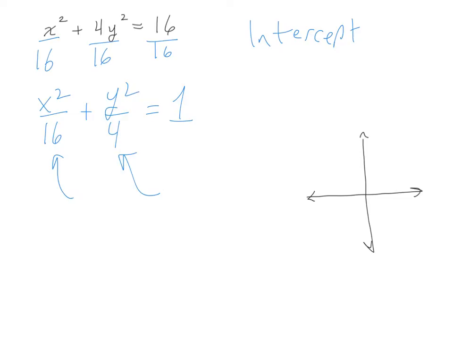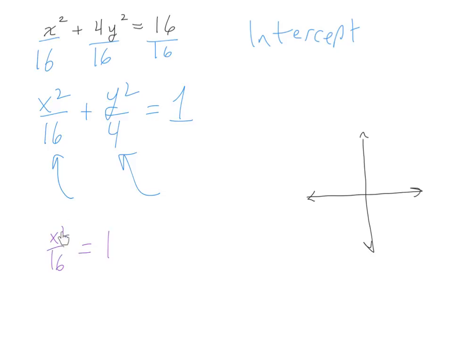So for instance, if I were to make y equal to 0, two things would happen. I would know whatever points I found would be on the x-axis because that's where y is 0, and this part of the equation would drop out. So if I make y equal to 0 and have this whole thing drop out, I'm thinking about x squared over 16 equals 1.